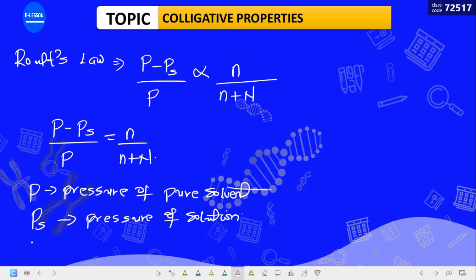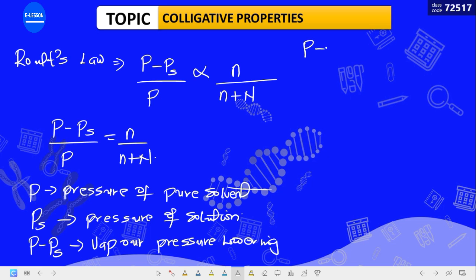Is that understood? Now P minus PS is called the vapor pressure lowering. Please note this. It's called the vapor pressure lowering. While P minus PS all over P is called the relative vapor pressure lowering.